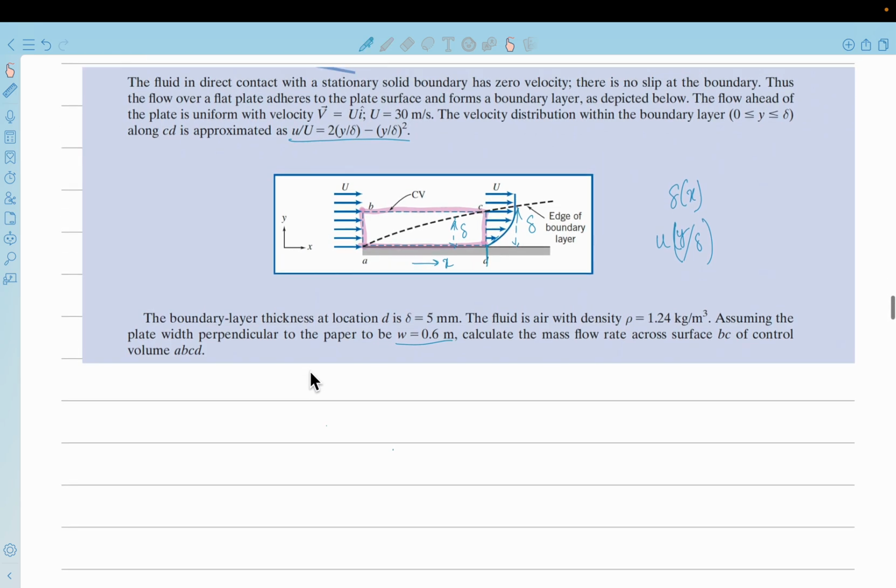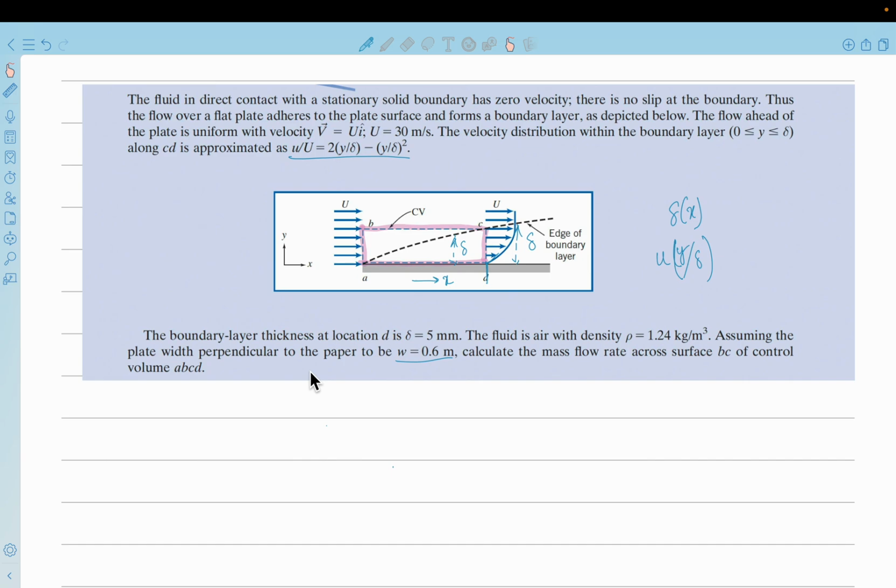Given that this is an incompressible flow that we are dealing with, whatever imbalance happens, whatever is the influx at AB minus whatever is the outflux at CD, that will be balanced by the outflux or influx at BC. And that is what we have to find. So how do we do this?